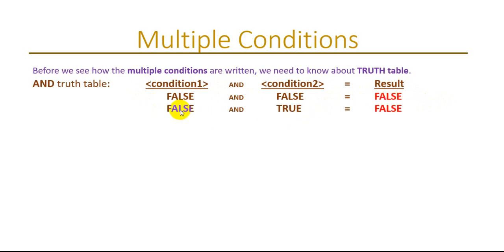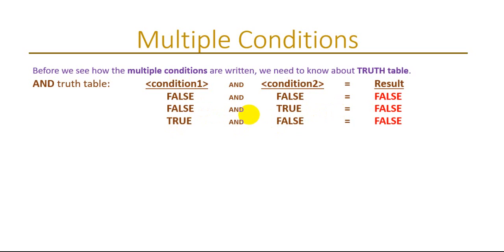If you look at, say, one condition is false, the other condition becomes true, and you join with AND. So false and true, that also is false. The outcome is always false. Let's assume condition 1 is true, condition 2 is false, and you use AND and join the two.